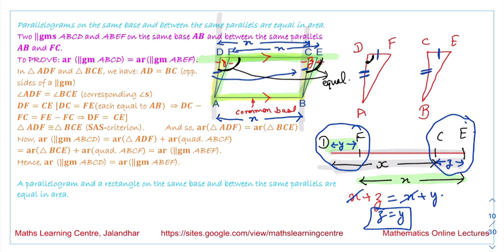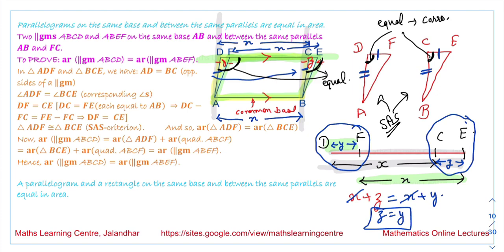So we are saying this angle D and this angle C, both these angles are equal because these are the corresponding angles. So by the SAS axiom, both these triangles are congruent to each other. Now if both these triangles are congruent, it means their area is also equal. The area of both these triangles is equal.